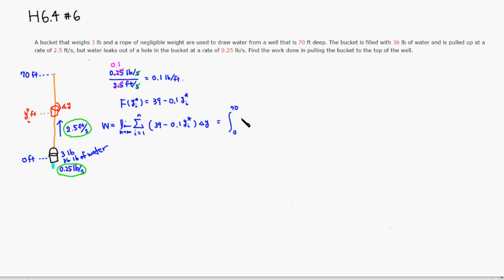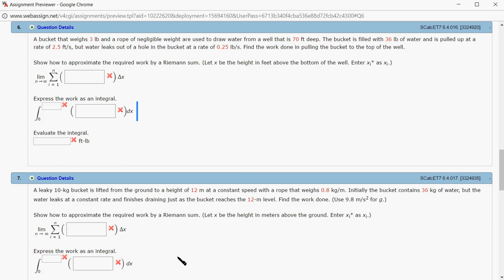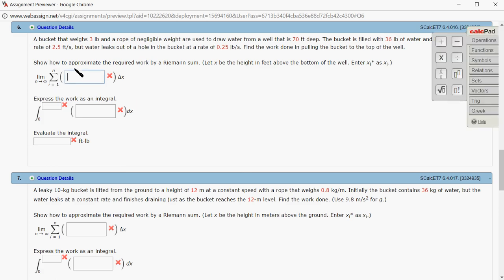Then you have 39 minus 0.1y, and delta y becomes dy. So let's start filling the answer in here. This is going to be simply 39 minus 0.1, and they're actually using xi, so instead of yi, I'm going to use xi.